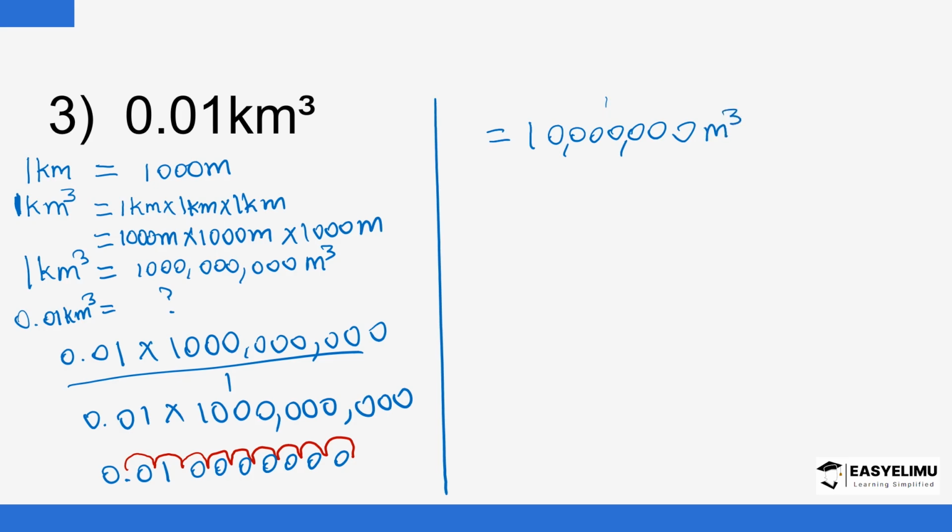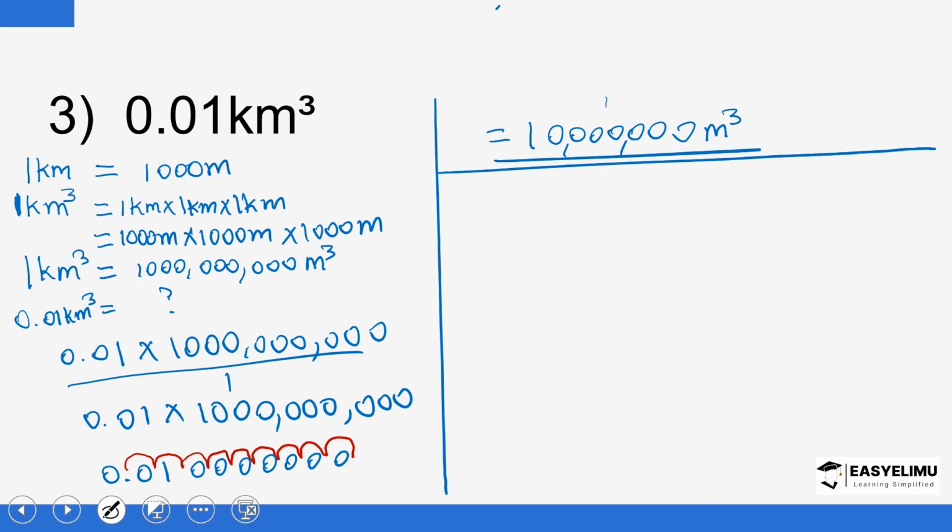Wow. 10 million cubic meters. You see, there are two zeros here before one, but usually if you have zeros before one, they don't count that much, so we can always ignore them.